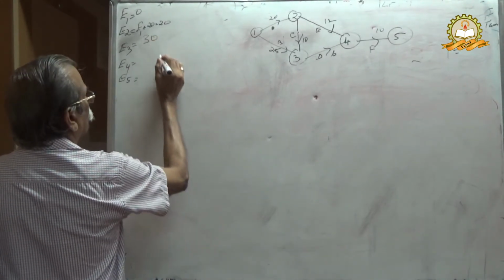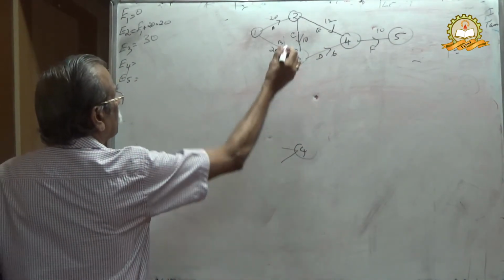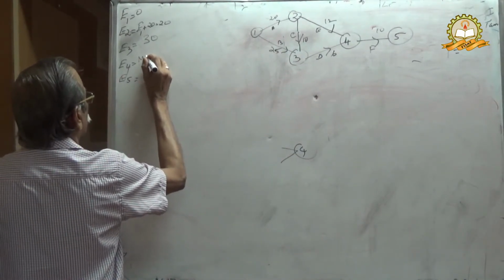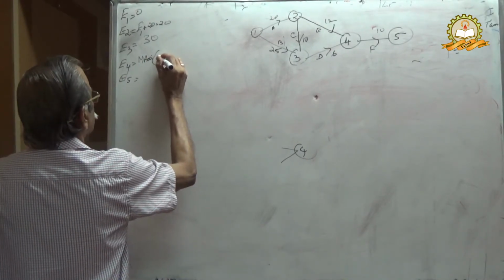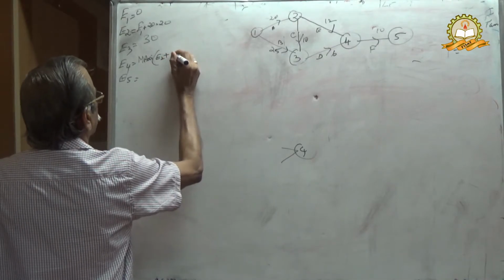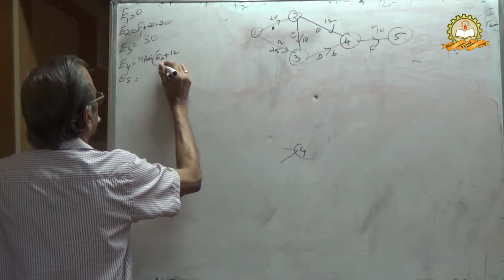Then E4, again concurrency. E4 is the maximum of E2 plus duration 12 or E3 plus duration.